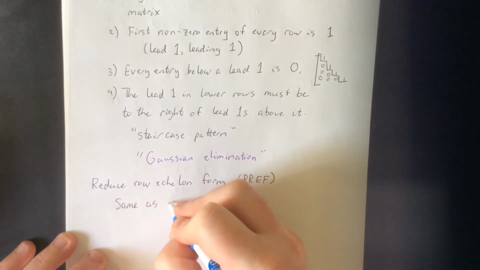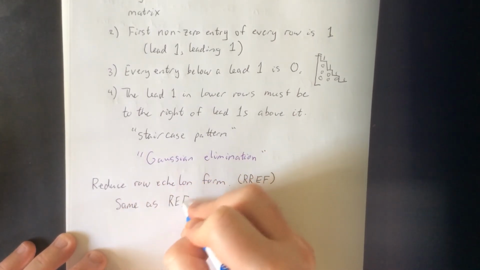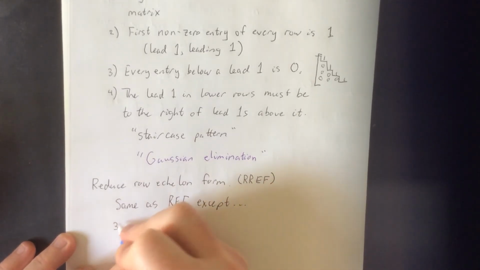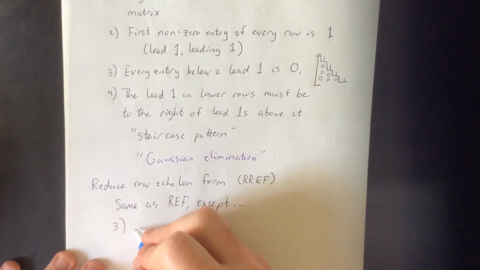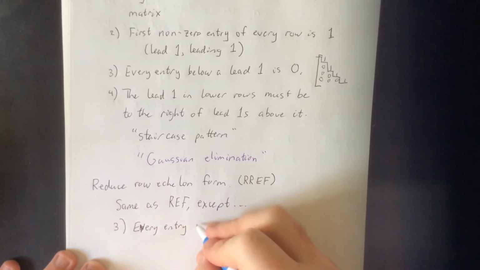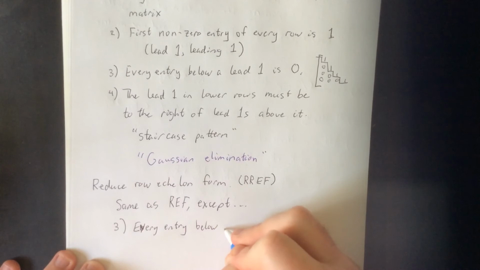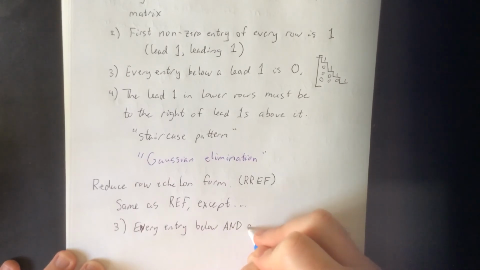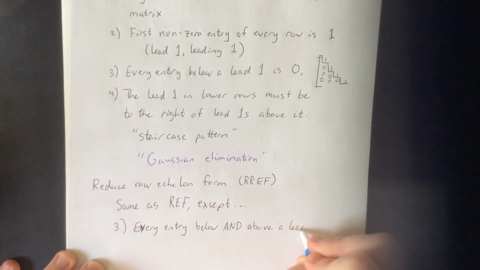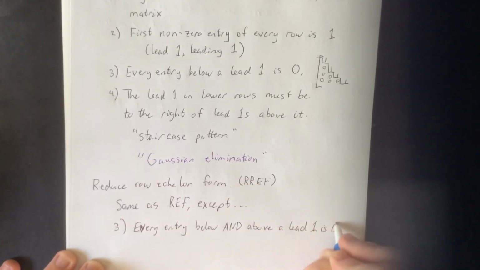So this is going to be the same as row echelon form, except that in number 3, it's going to be every entry below and above a lead 1 is 0.